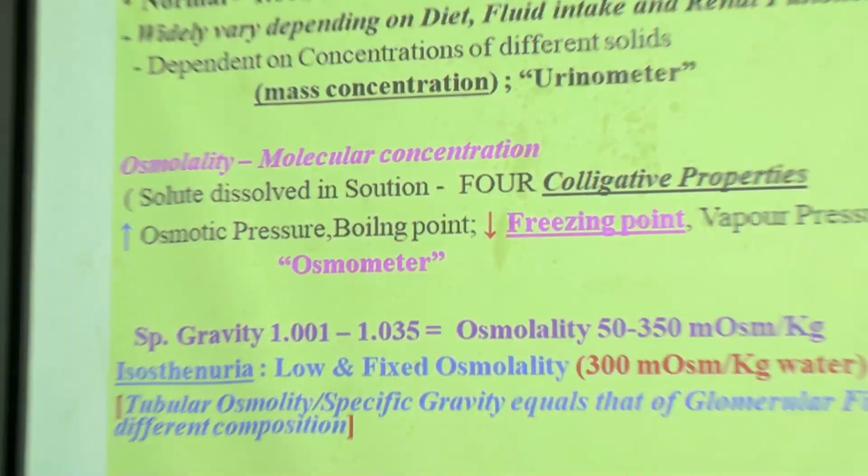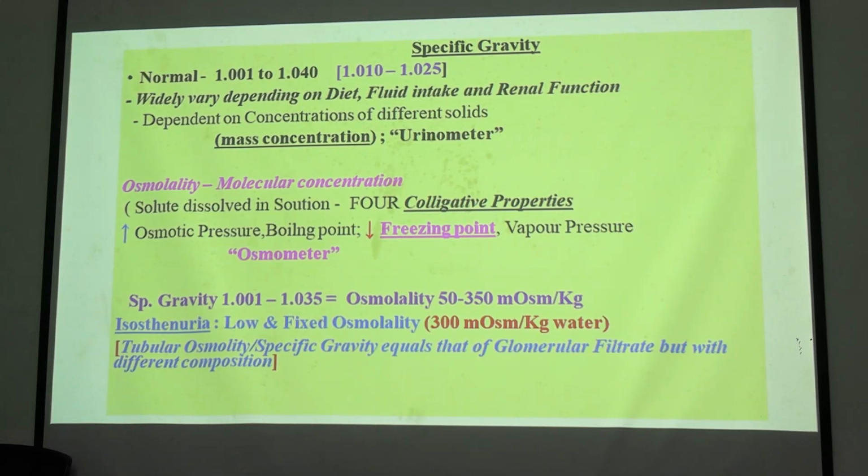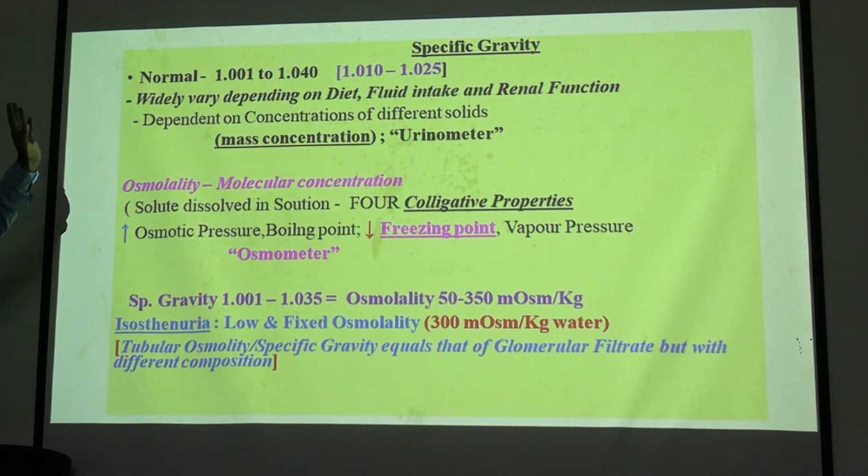Now again coming to the specific gravity, you can see from various books the figures will range. In a normal individual, as I said, it's widely varying, say from 1.001 to 1.040. Even some books might say 1.001 to 1.025, because many authors have copied from many books.